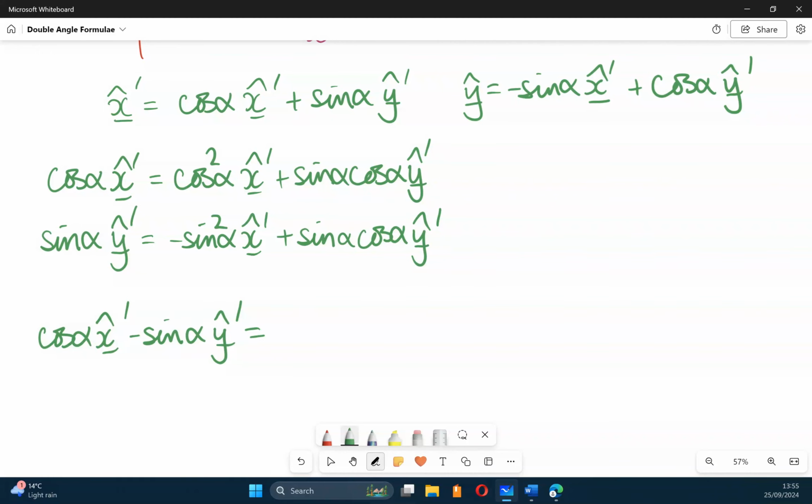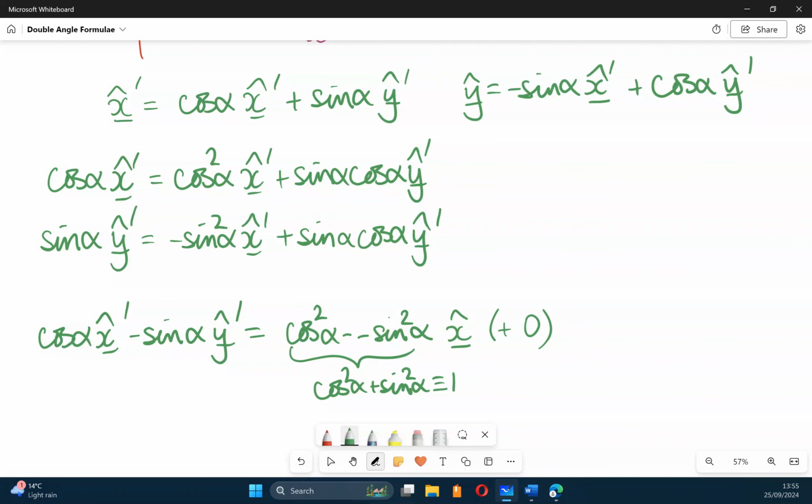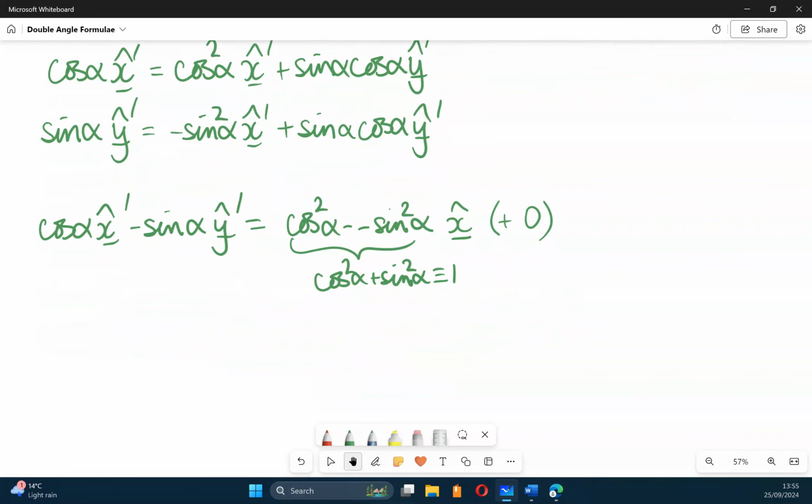And then this is going to equal cosine squared alpha plus sine squared alpha, which is equal to 1, of x prime hat, and then this is plus 0. So what we've got is this relationship that x prime hat is equal to cosine alpha of x hat minus sine of alpha y hat.